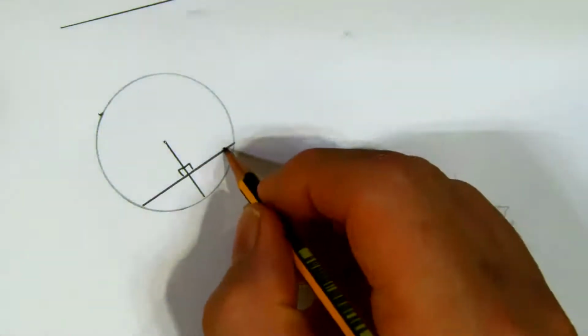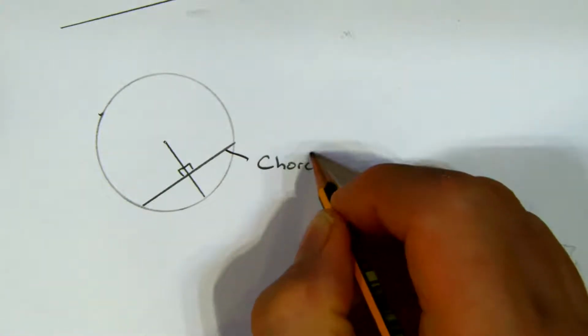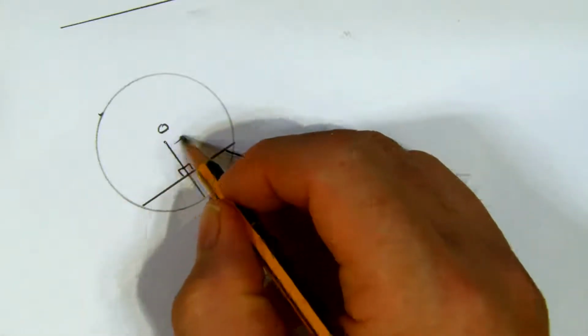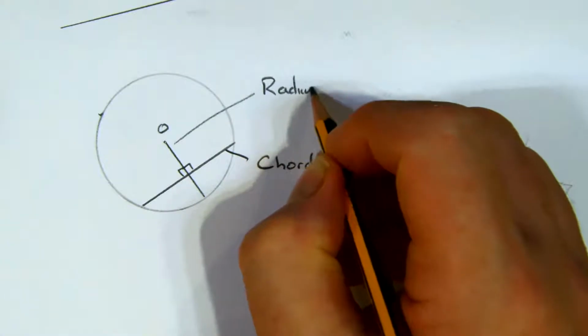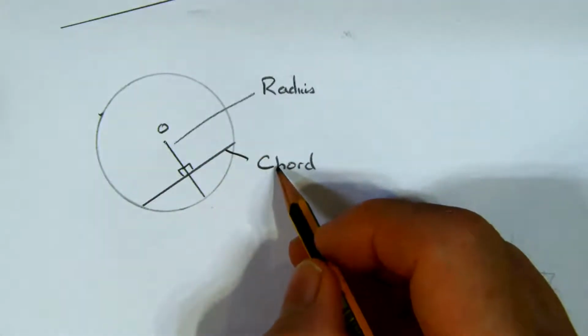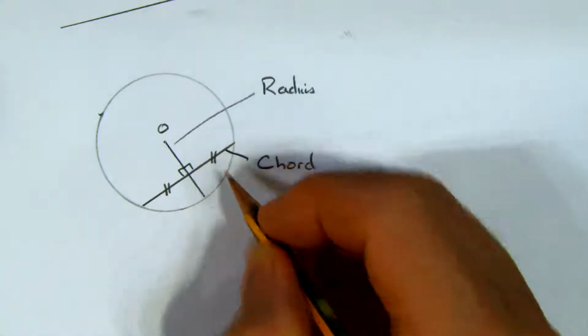So this here is our chord. This here is our radius. And the radius, when it meets the chord, it bisects it.